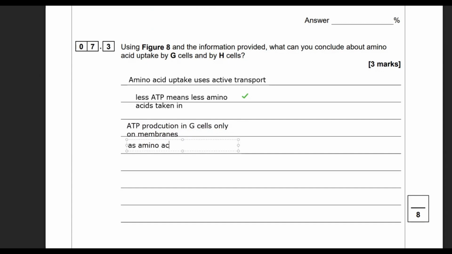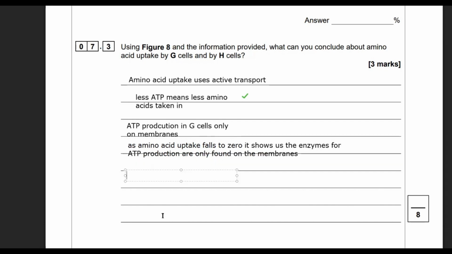As amino acid uptake falls to 0, it shows us the enzymes for ATP production are only found on the membranes, right? Because if they had enzymes that can make ATP in the cytoplasm, then it wouldn't have fallen. Or it shows us that cyanide inhibits the ATP enzymes on the membranes.